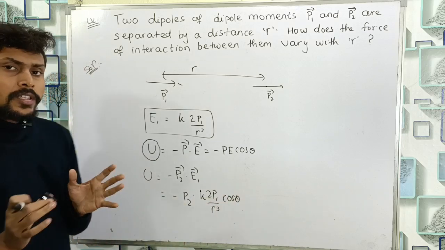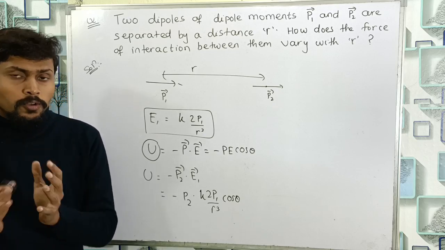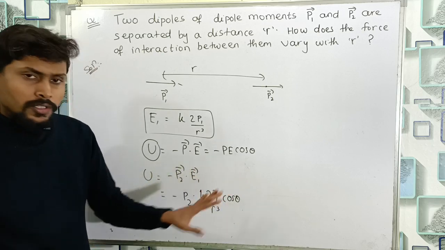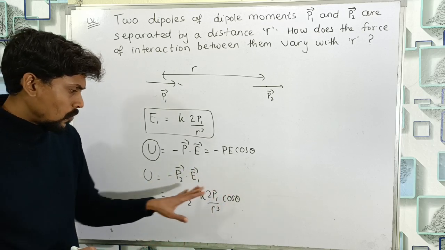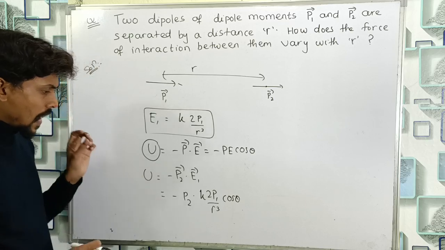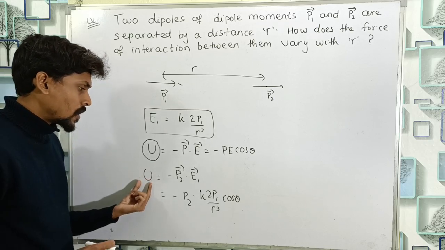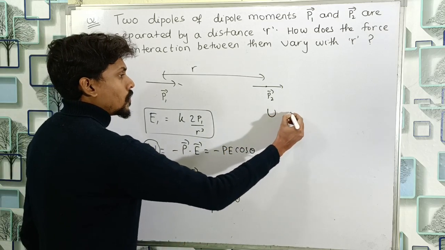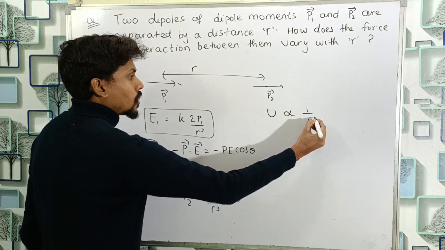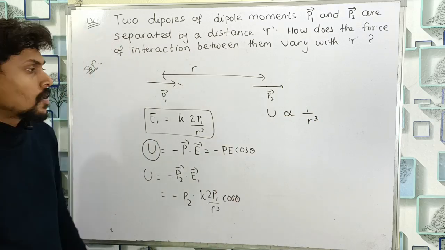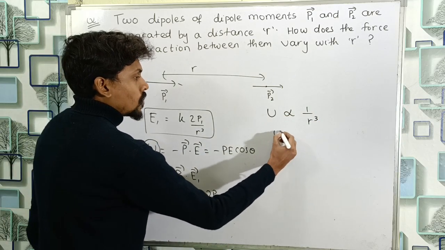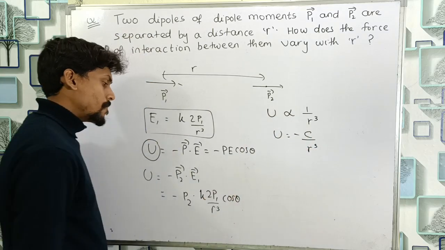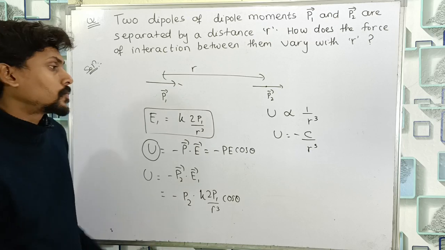Since I am interested in how the force of interaction varies with the distance, I will ignore all the constant quantities: k, 2p1, p2, cos theta. I will just look at how the energy depends on the distance. So U is found to be proportional to 1 by r to the power 3. Is that clear? So let us write U equal to some constant c by r to the power 3, with a negative sign, because we have a negative sign here.